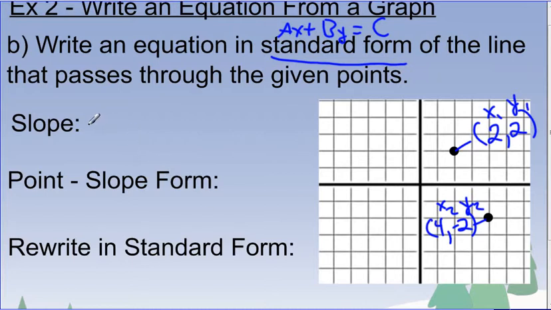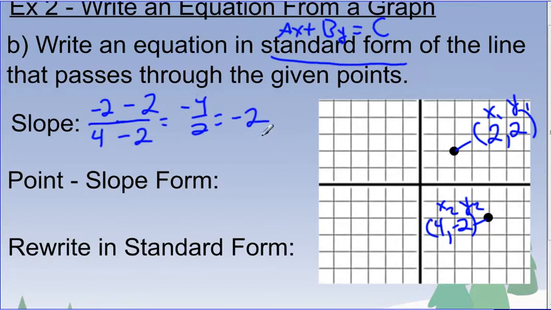So to find the slope, we take y2 minus y1 over x2 minus x1. So up top, we get a -4. Down below, we get a 2. This simplified, -4 divided by 2 is -2. That's the slope.